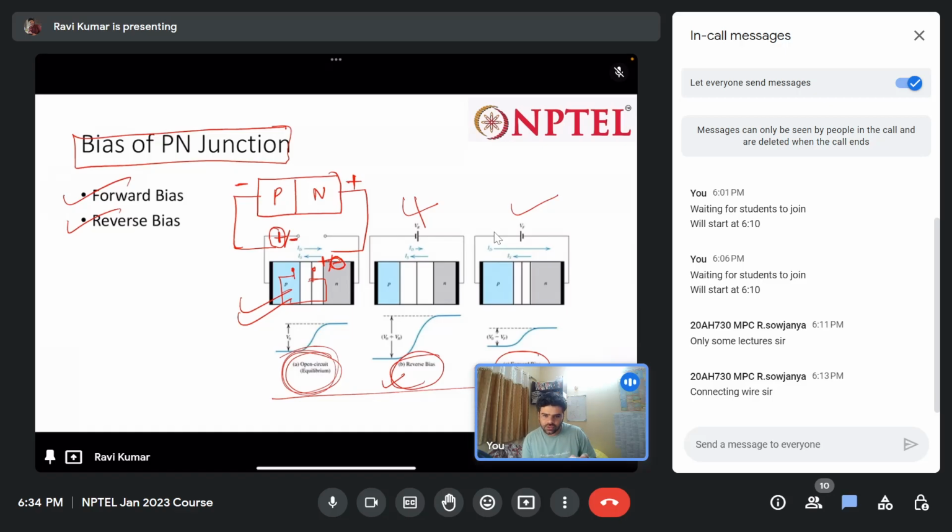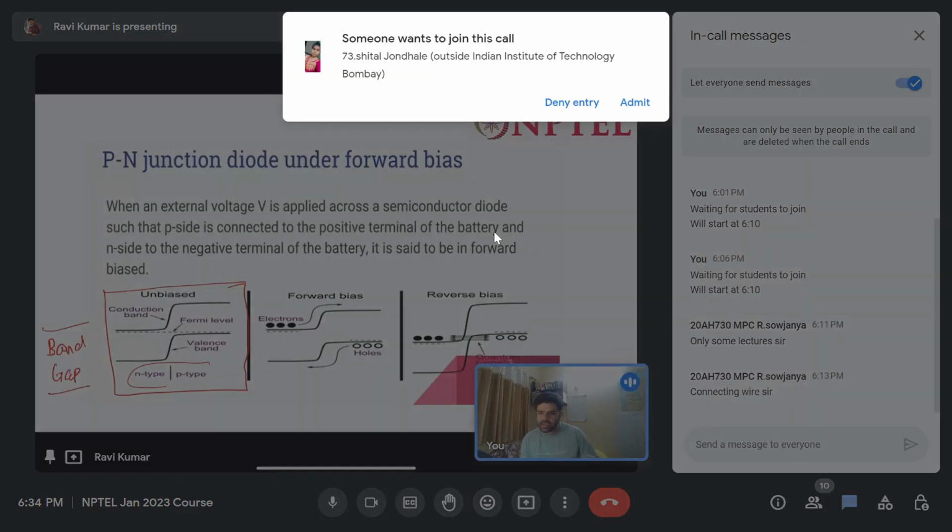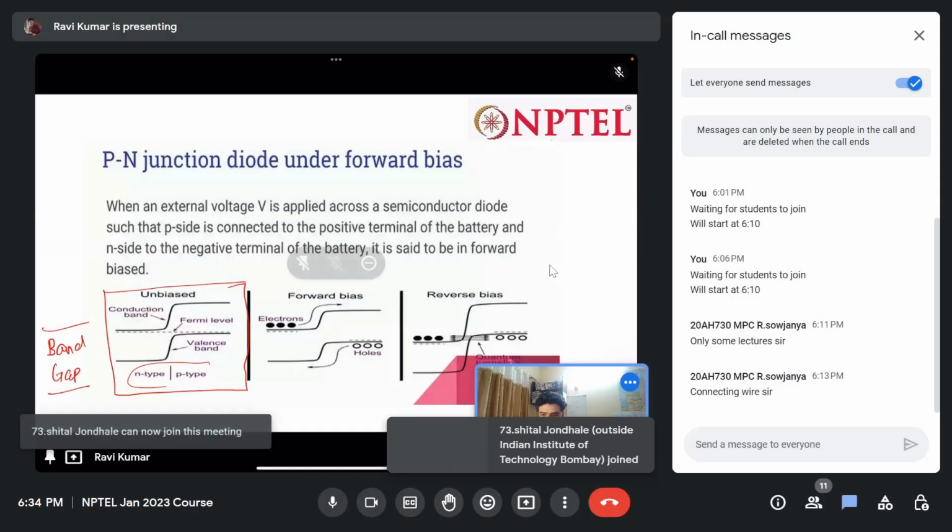Okay, let's understand if you don't know. So this is an unbiased PN junction diode. This is the band gap. We can say NP type or PN type, that is the same. So here it is unbiased.